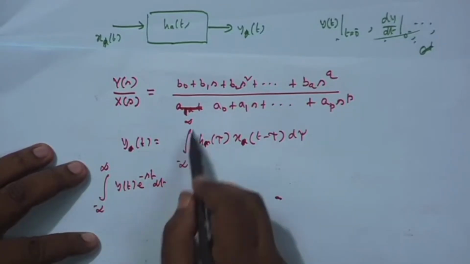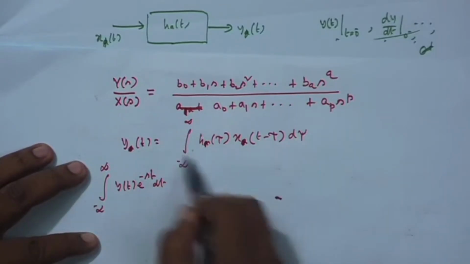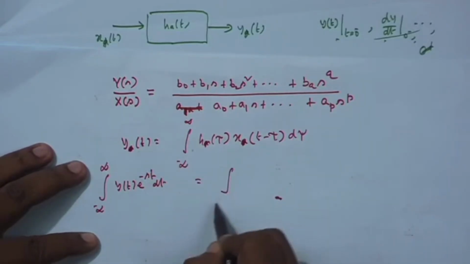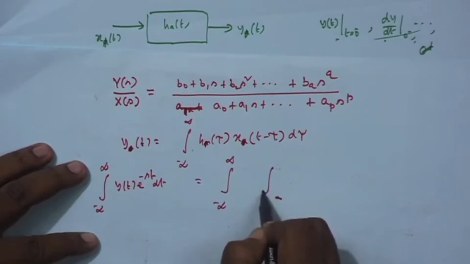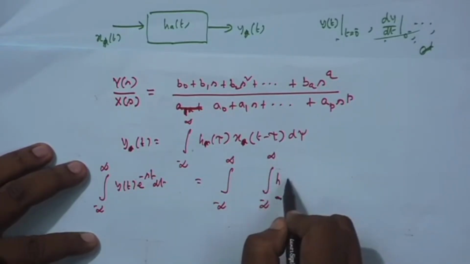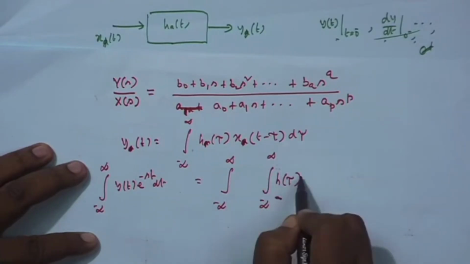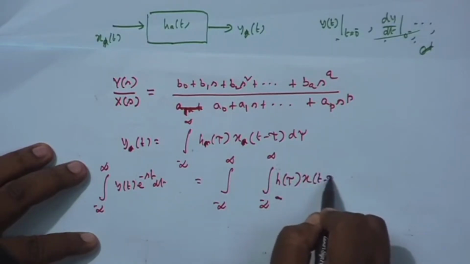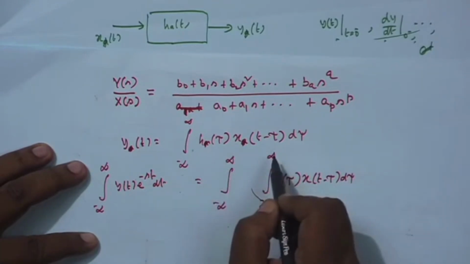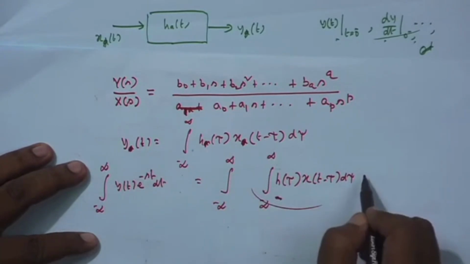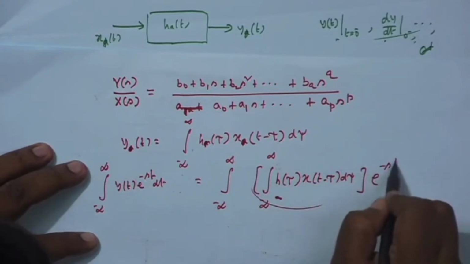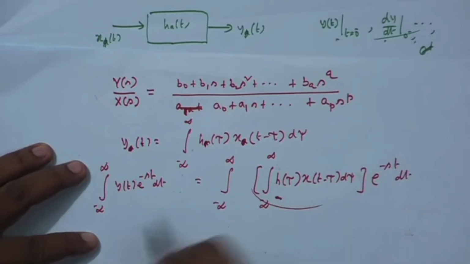This overall integral is a function of t only, tau goes out of integration here. The inner part h(tau) x(t minus tau) d tau is y(t), and then this is multiplied by e to the power minus s t.